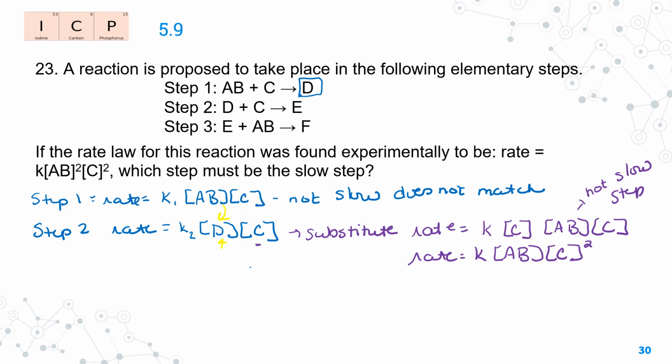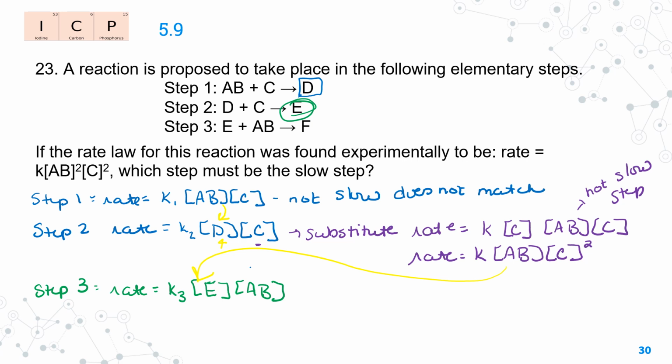So now I need to go to step 3. For step 3, my rate is going to be rate equals K3, concentration of E, concentration of AB. And now, because E is my product of step 2, I can substitute in what E equals from step 2.